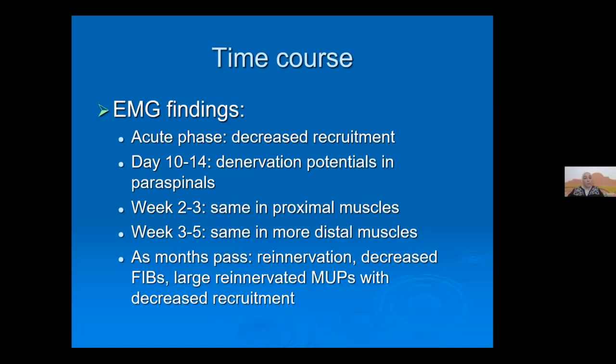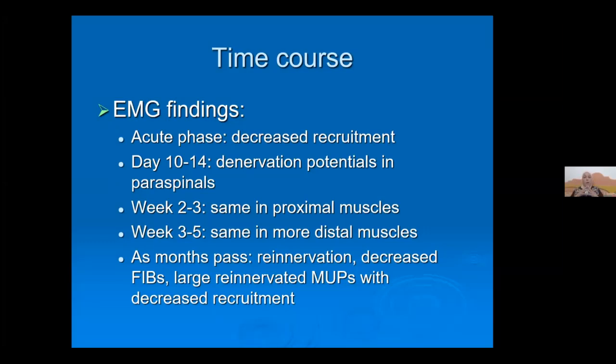When denervation appears from day 10 to 14, it will appear in the paraspinal muscles first. So if I find the denervation potentials in the paraspinal muscles only, then I'm within the time frame of 14 days.